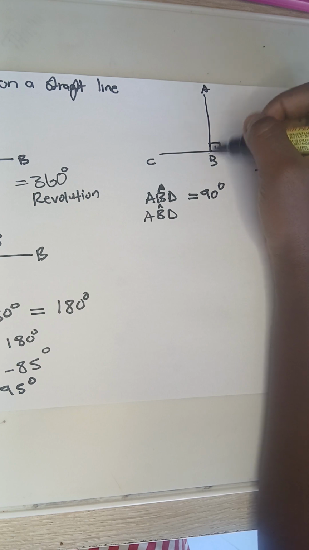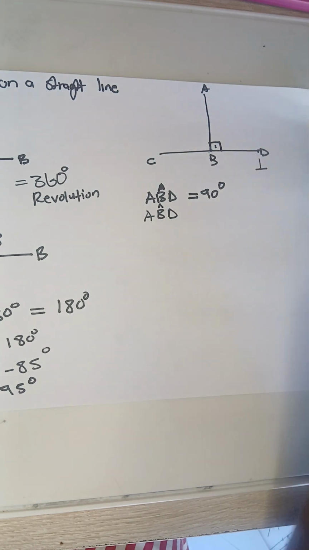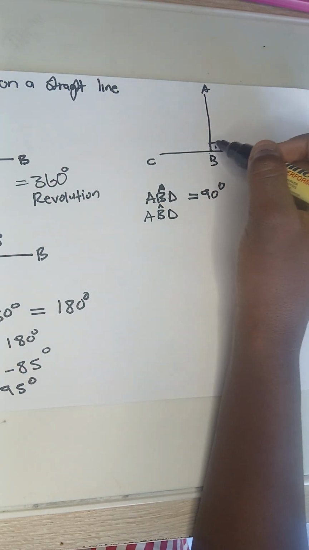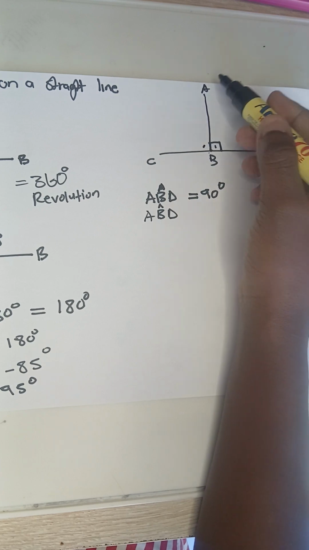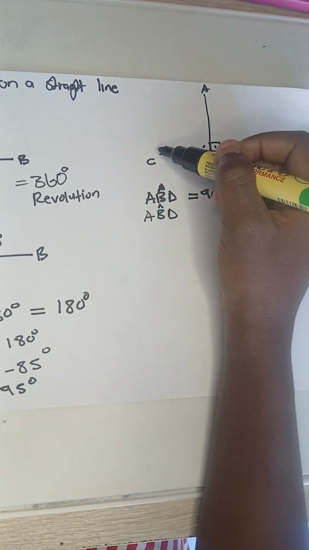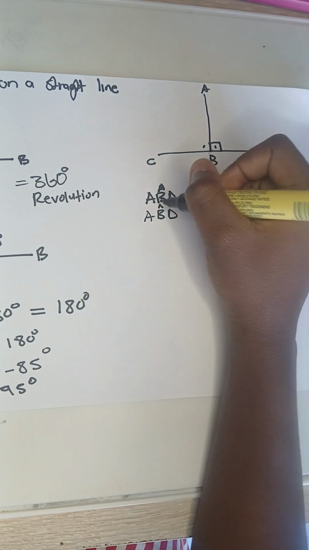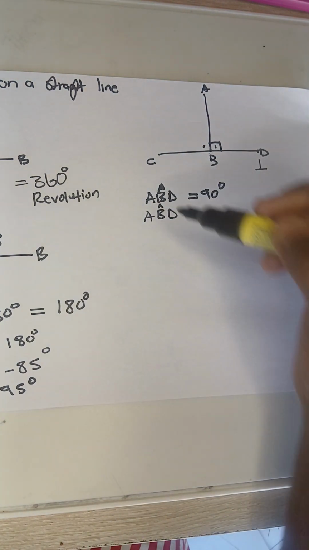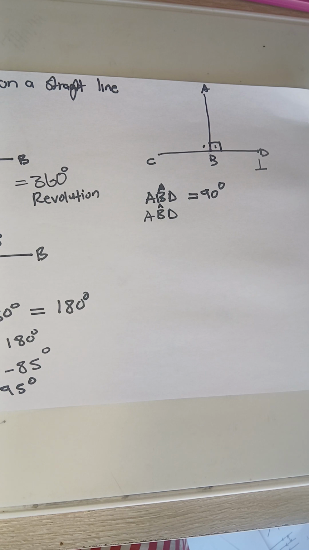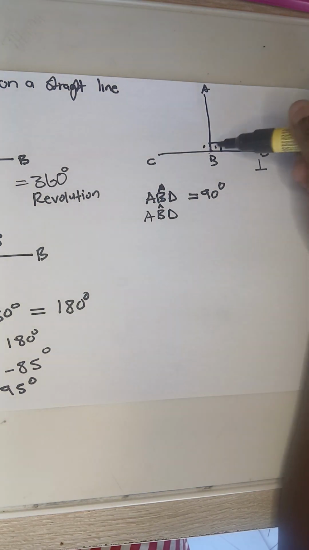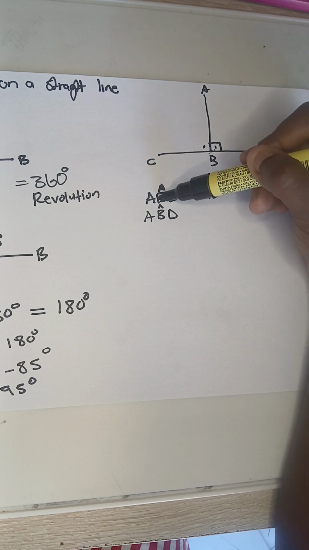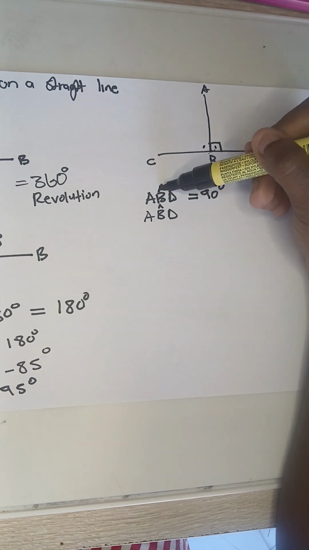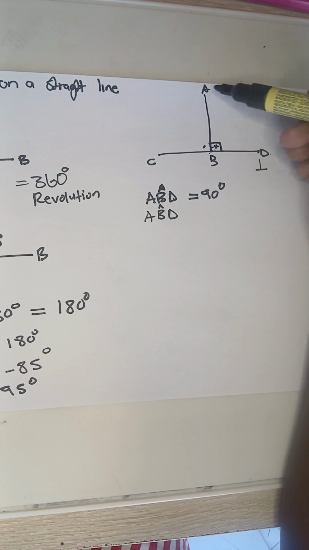They didn't put a 1 to call it B1, so we have to do it like this. If you were to tell us about this angle, you are going to say ABC and then put this symbol on top of B. So, because we're talking about this one, we'll say ABD, B at the center, and this symbol to show that you are talking about this angle.